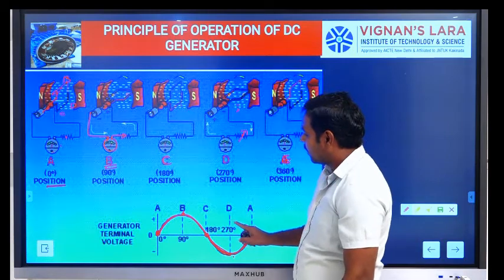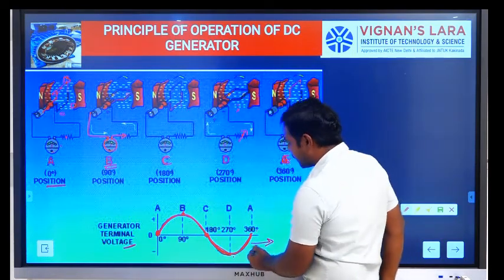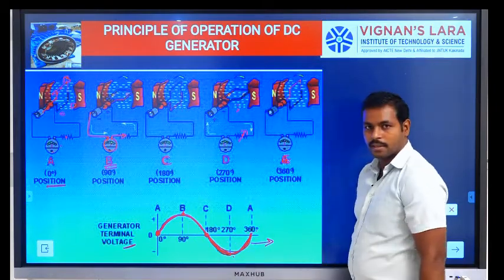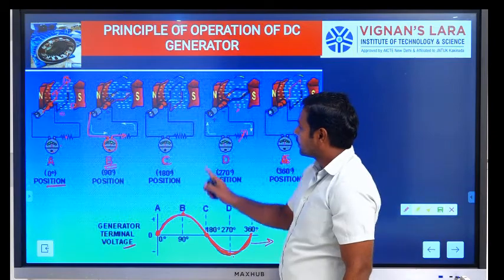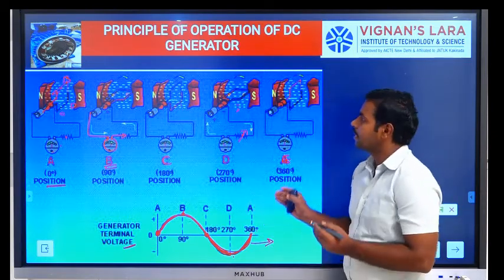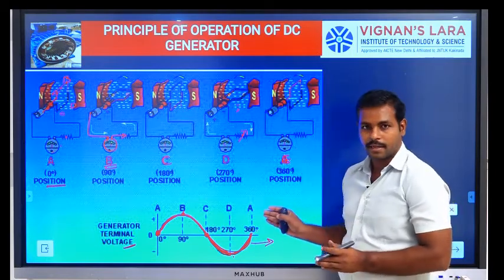In this generator, terminal voltage versus angle is represented as the alternating supply. In this way the generator generates the alternating supply. So this is the principle of operation of a DC generator.